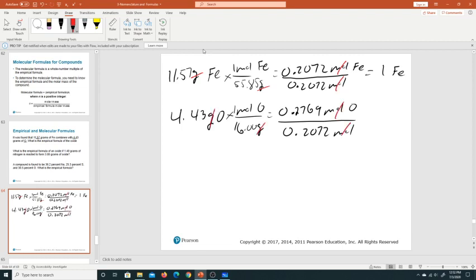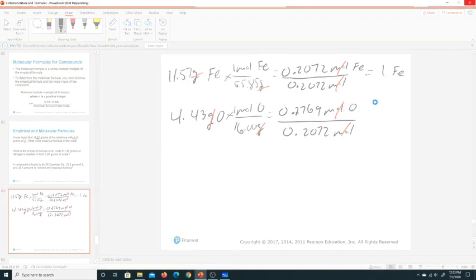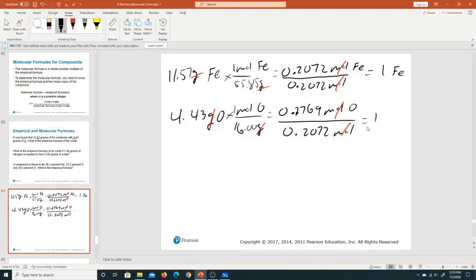Moles cancel out, giving just numbers here. And 0.2769 divided by 0.2072 gives us 1.336. That's 1.33 essentially. So this gives us a formula of FeO 1.336, or thereabouts.